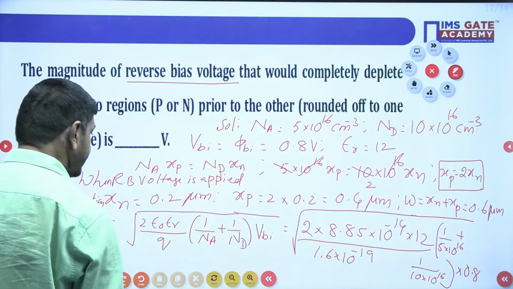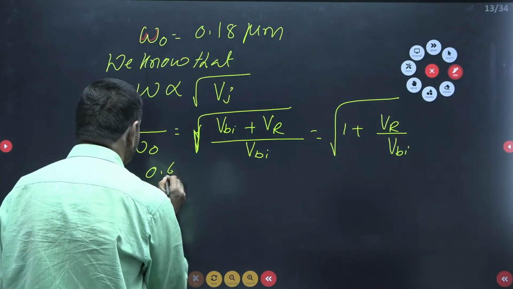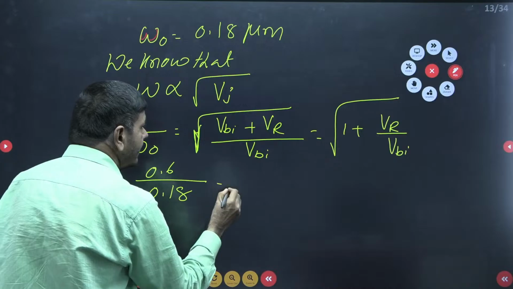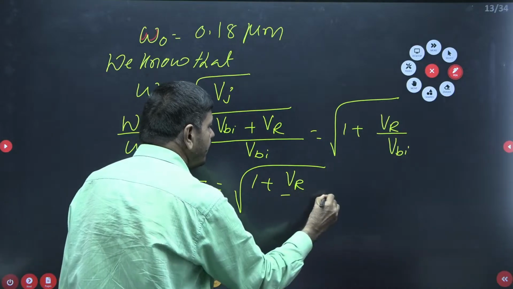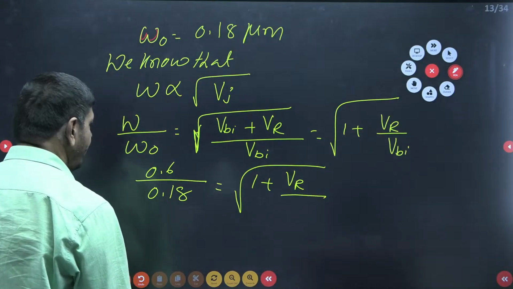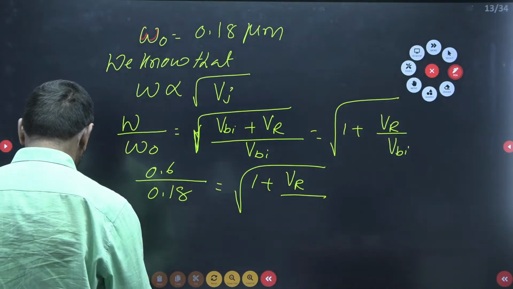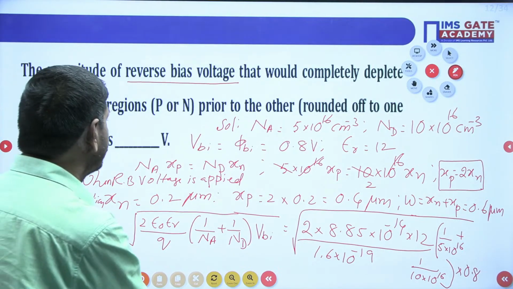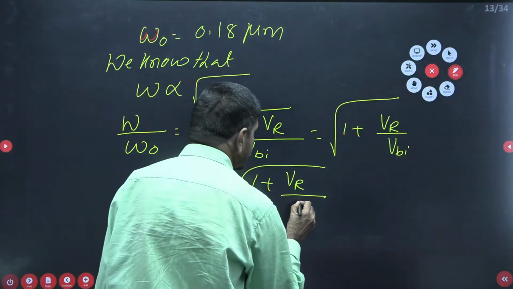W value is 0.6 micrometers, both micro cancel. W naught we know is 0.18. That is equal to the square root of, we want the reverse bias voltage VR, and the built-in potential VBI we know very well. What is the built-in potential here? The VBI value is given here, 0.8 voltage is given.